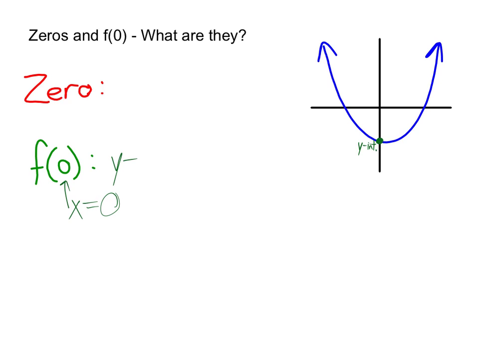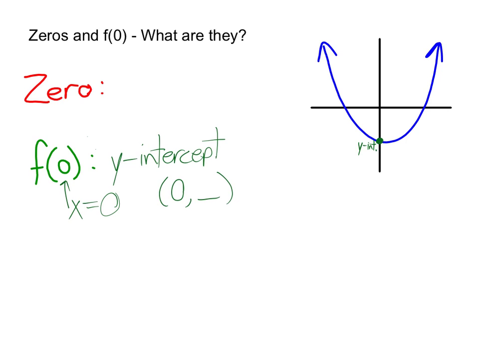Why? Because you're going to have a point 0 comma something. It touches the y-axis. That's where x is 0.